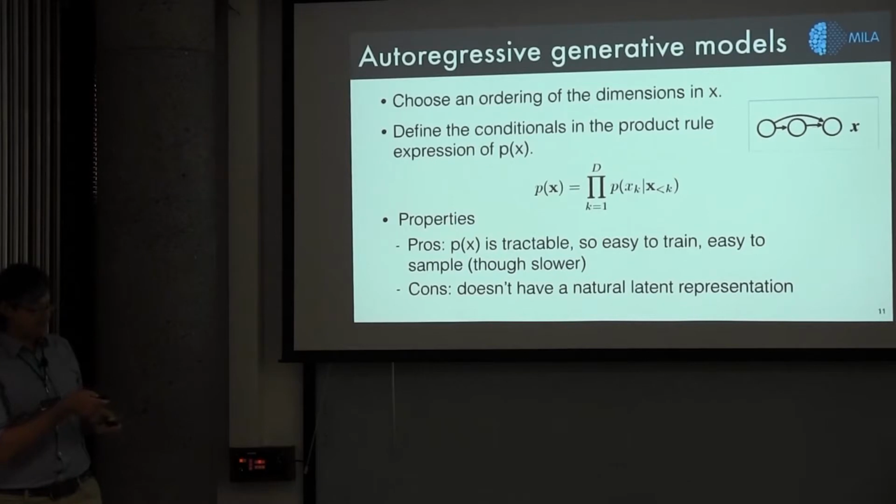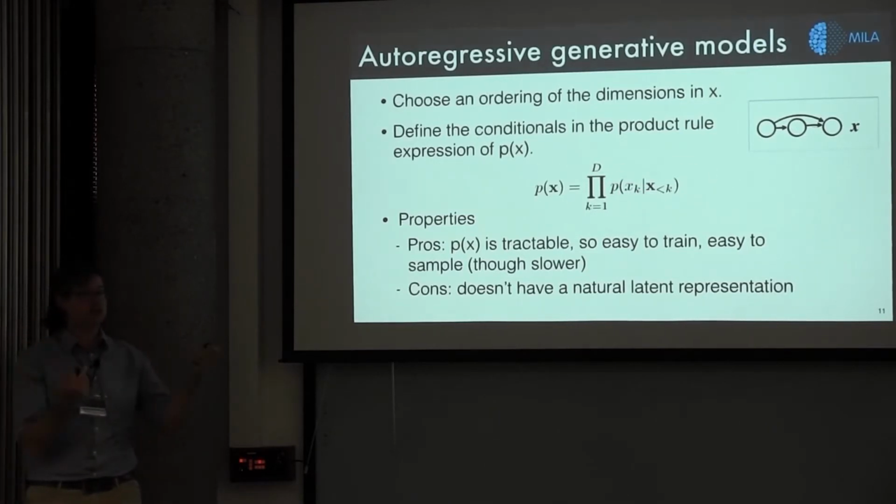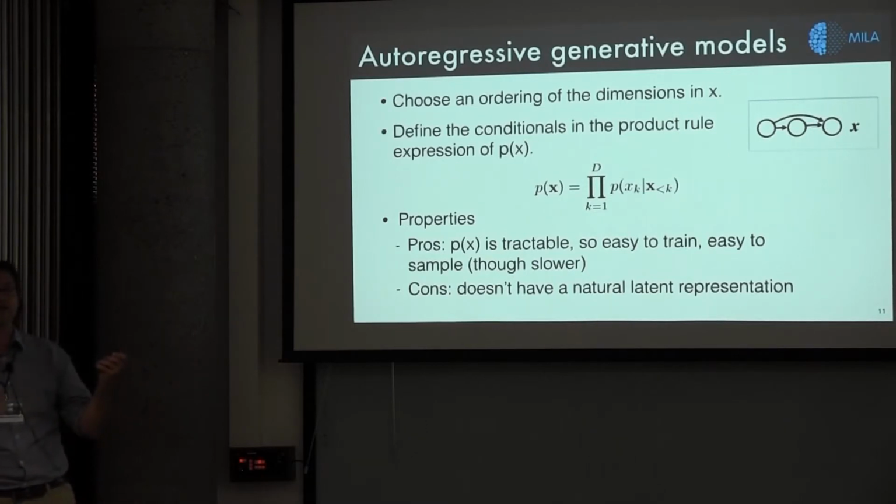Yeah. So the pros of this kind of modeling approach is that it's tractable, right? If we can model these guys tractably, then we can combine them in this way to consider a joint distribution that can be very complicated in itself. So we're just doing this decomposition to render this thing much more tractable. And it can be easy to train.